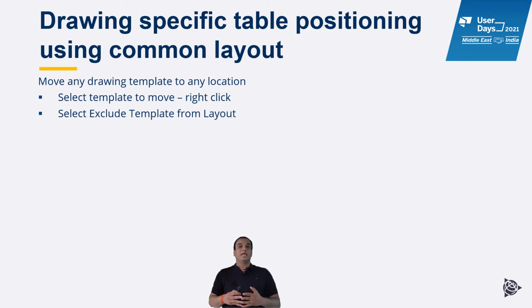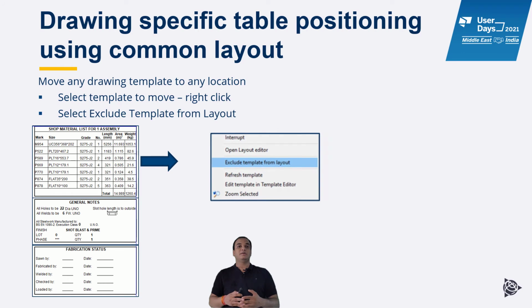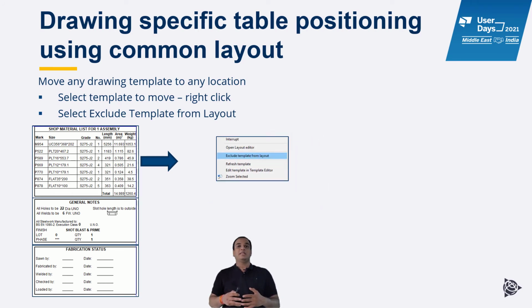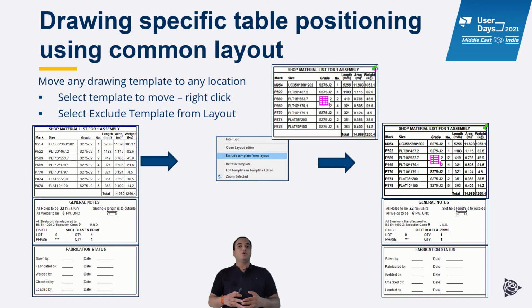For example, you have this layout, and I will just right click on the BOM and select the option Exclude the template from layout, and then this table symbol will come on the selected item, and like that you can move it to any other location in your drawing. I'm not going to cover any demo for this function, and if you want to see the demo, please refer to the next session, enhanced documentation.